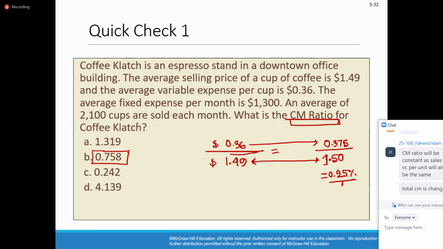If you do the calculation without taking help from your calculator, sometimes these calculations are useful and will also help you to increase your mental ability. So is it 0.758 from your calculation? I mean the contribution margin ratio.